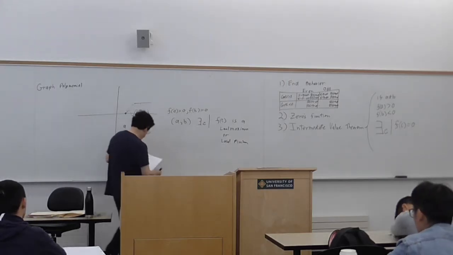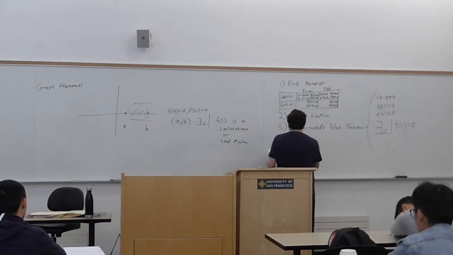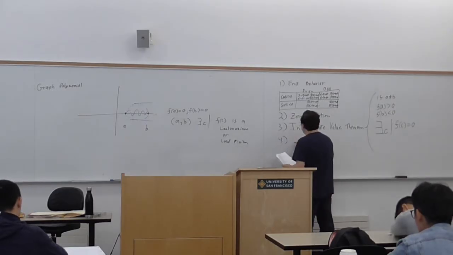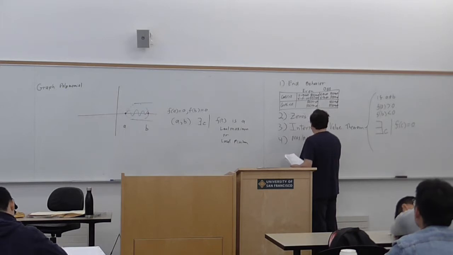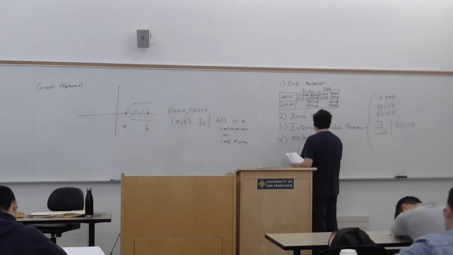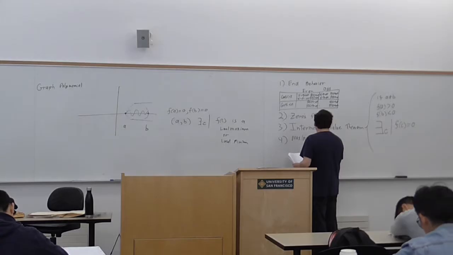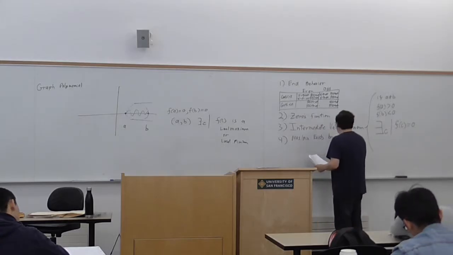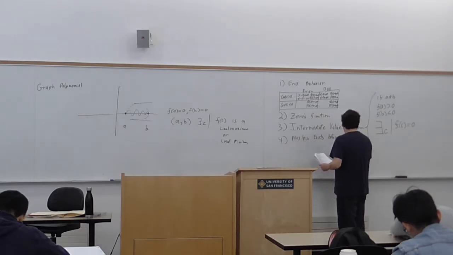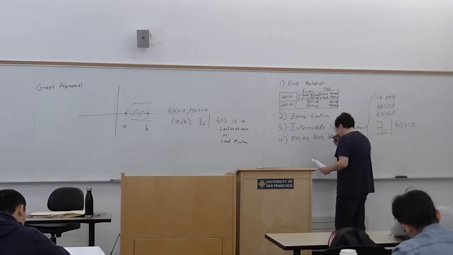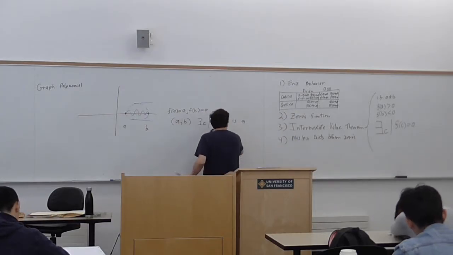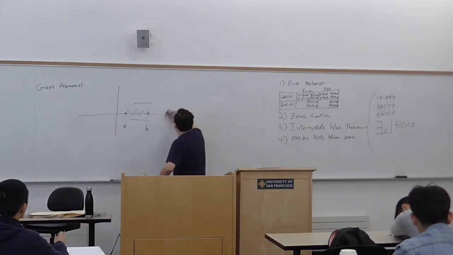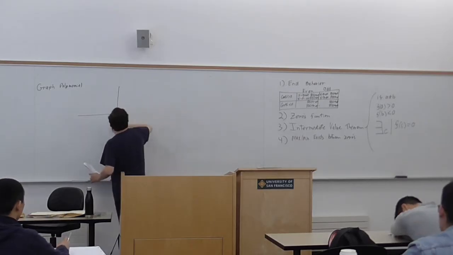So I guess I'll just say a max or a min exists between zeros. All right, that's our toolkit for now for graphing a function.